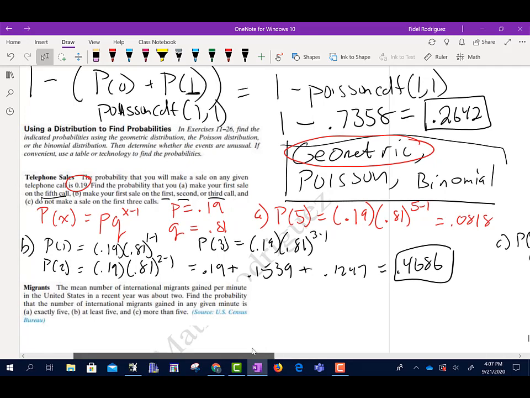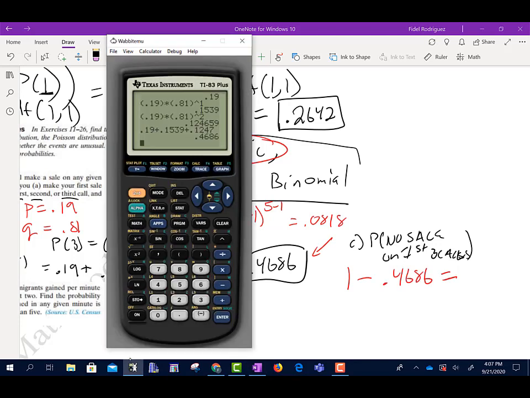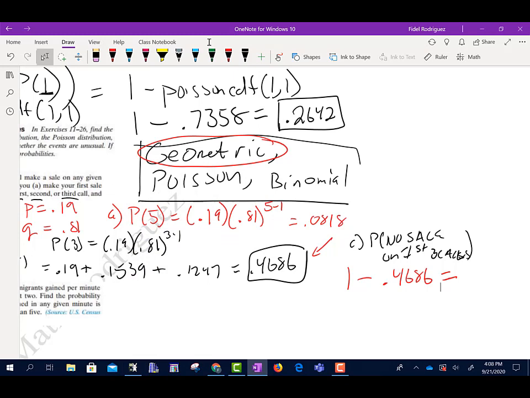So now when it's asking what's the probability that we won't, we can just take 1 minus the answer from part B, 0.4686. Taking my calculator, 1 minus second answer, I'm coming up with 0.5314.